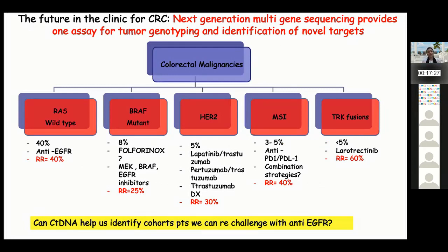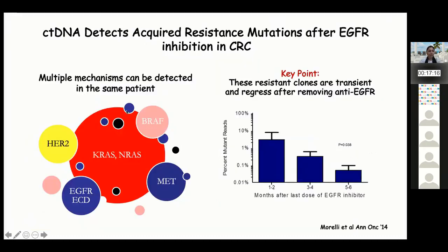So the question comes up, could you potentially re-challenge these patients later on? Can ctDNA help us identify cohorts of patients we can re-challenge with an anti-EGFR? Because we do know that these patients have multiple mechanisms that can cause resistance to panitumumab as well as cetuximab in those initially RAS wild-type patients.